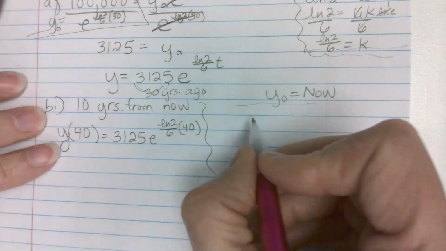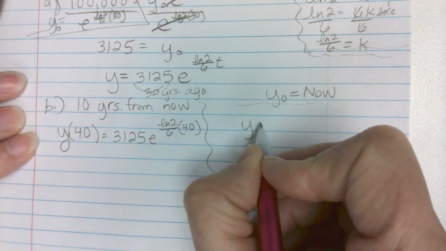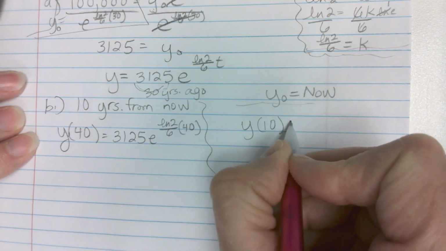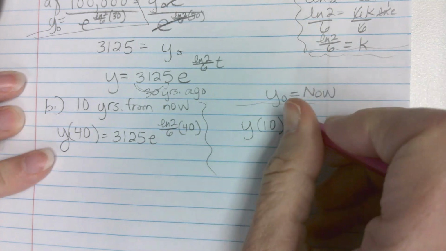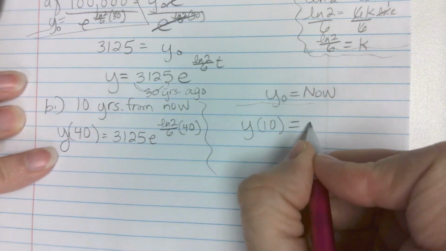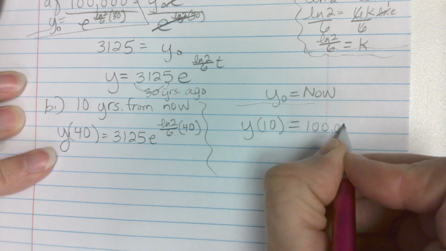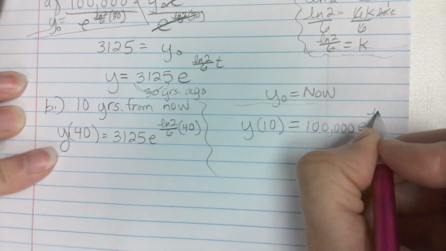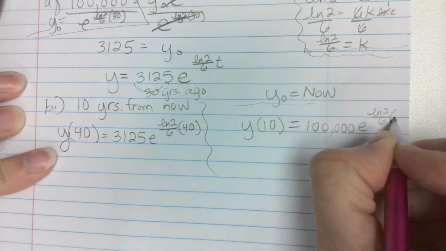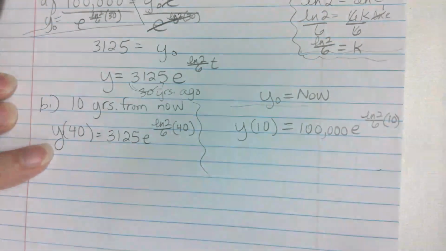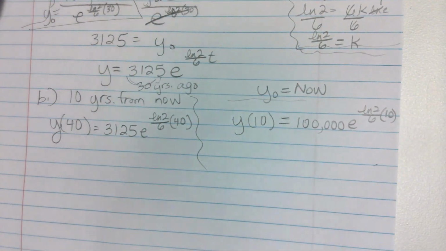So our new formula would just be y of 10, wouldn't it? If we started out with the 100,000, e to the ln of 2 over 6. Only we need 10, right? So we're going to plug and chug both of these and see how they give us the exact same answer.